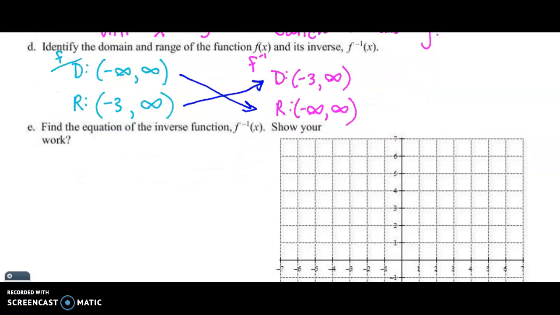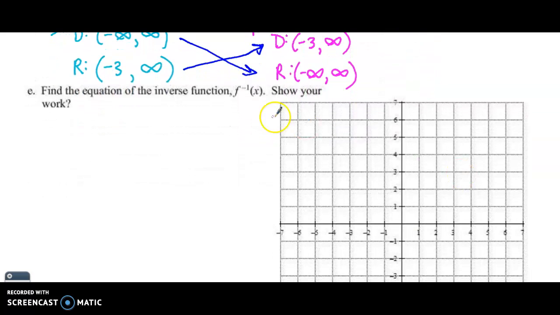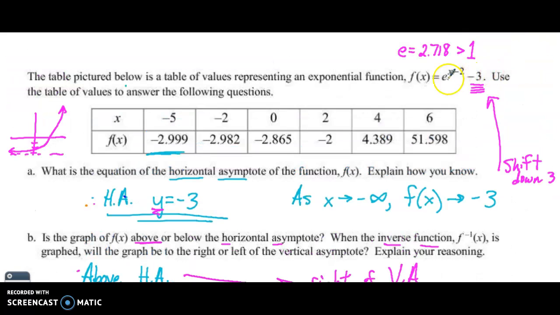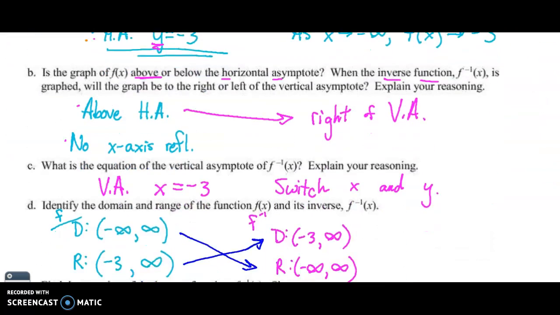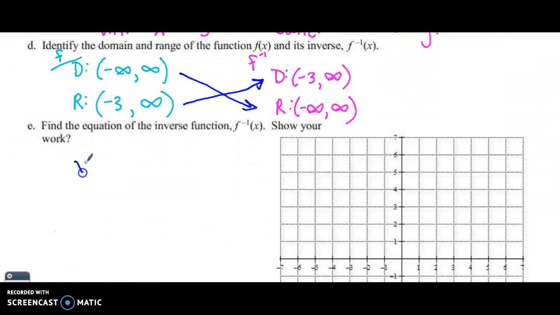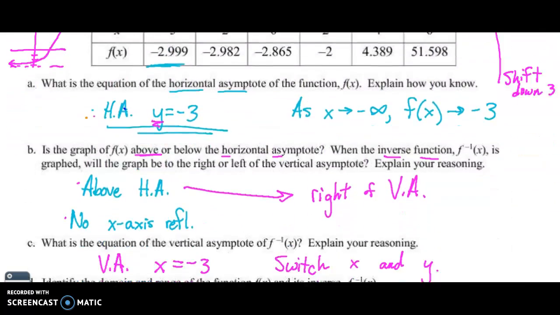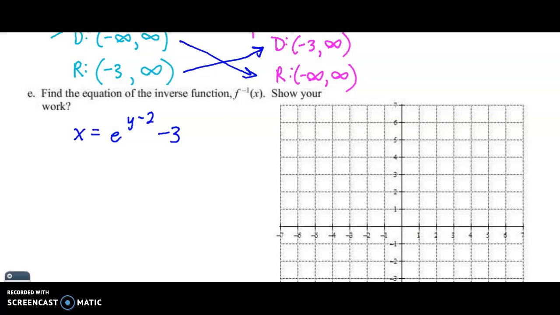So before giving you the graph, they want you to practice finding the inverse. Well, we did that in the earlier video, where we took the function they give you, e to the x minus 2 minus 3, and switch x and y around. So x equals e to the y minus 2 minus 3. Okay, so the first thing to do is get the exponential form by itself.